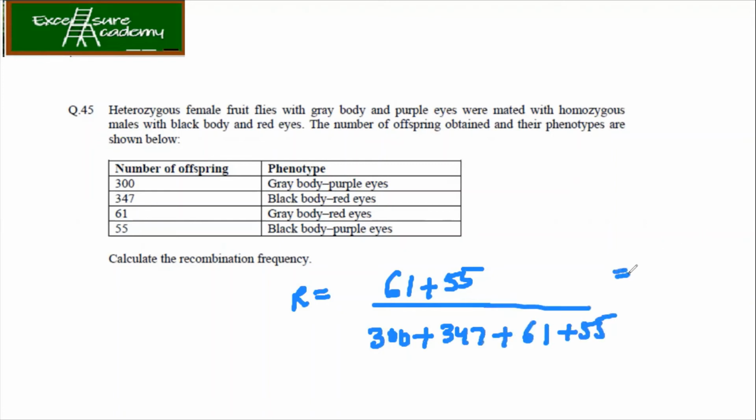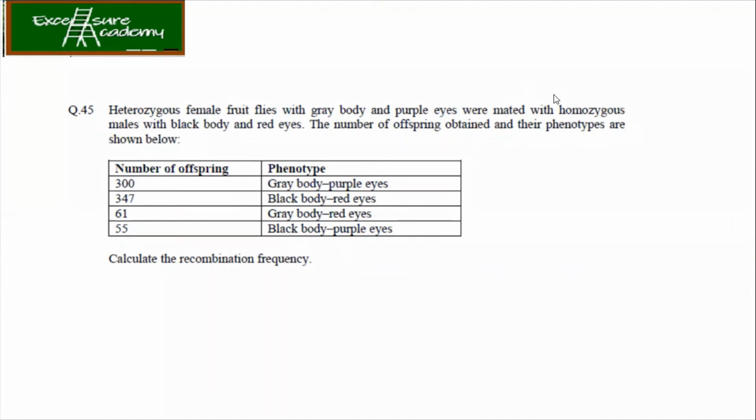Okay, so what do we get? We get 116 by 763 into 100. So on calculation, you will get that it is around 15%. Okay, so recombination frequency is 15%. So this is very simple actually. The simple maths you have to do.